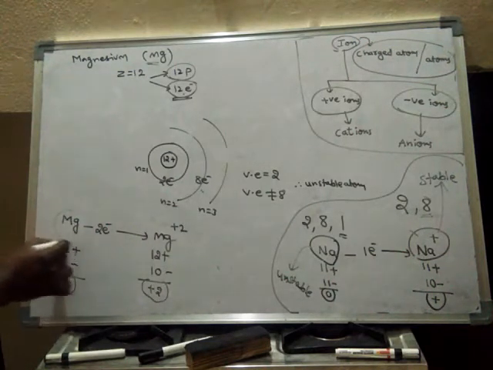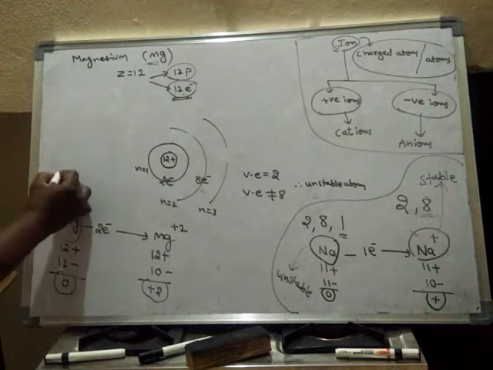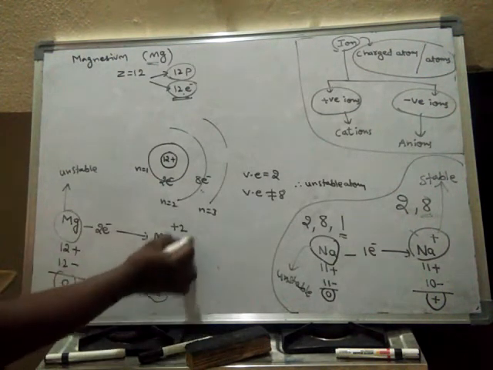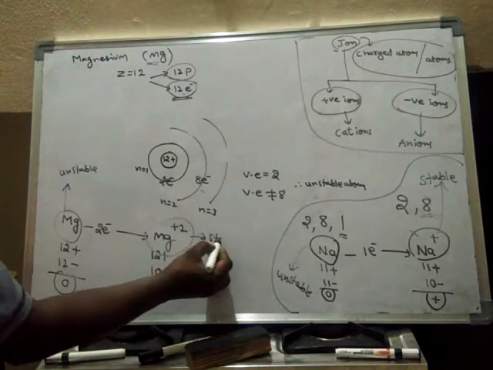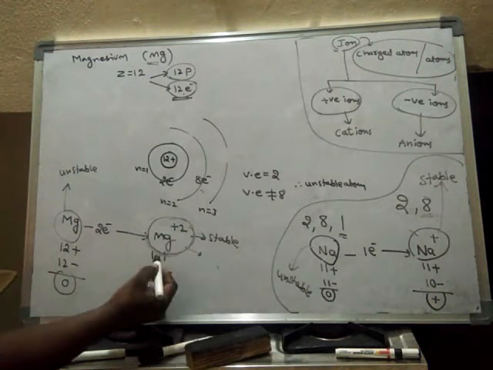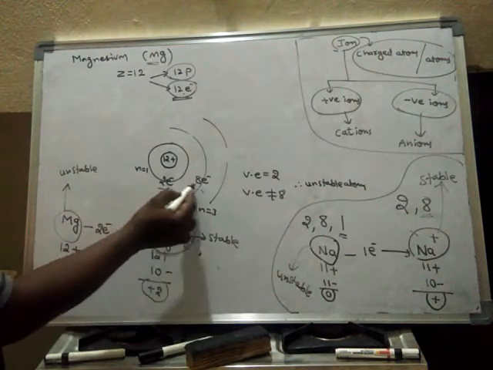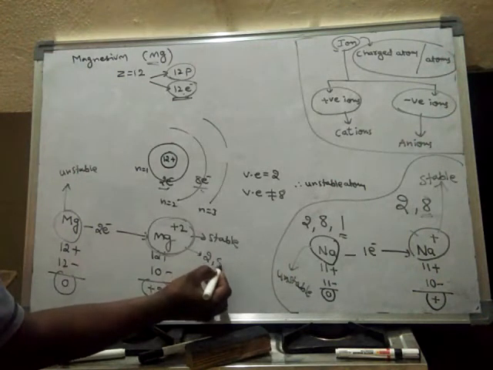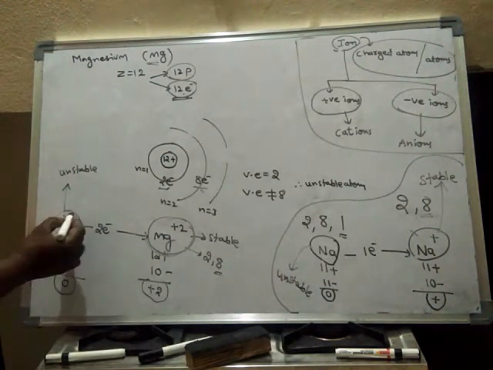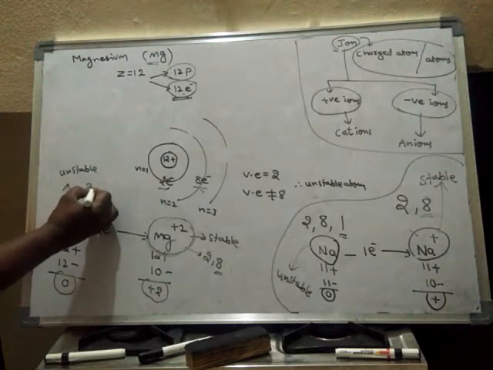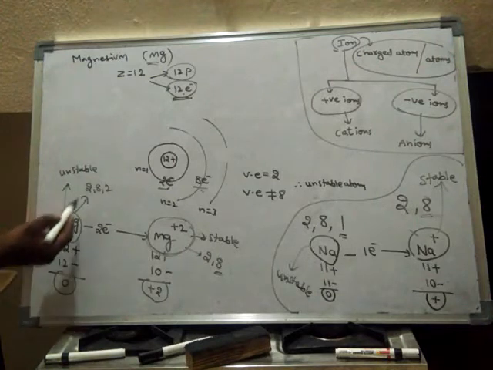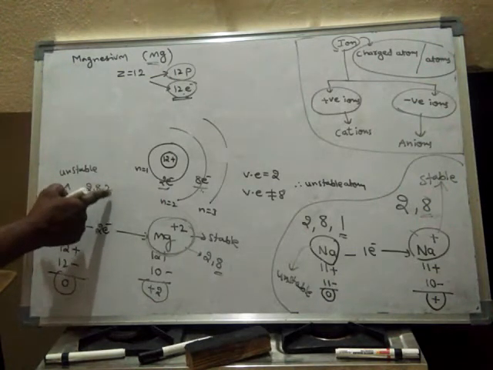This is an unstable atom, whereas this is stable. This is stable because here the outermost orbit has 8 electrons, 2, 8. But here it has 2, 8, 2, and it loses these 2 electrons.